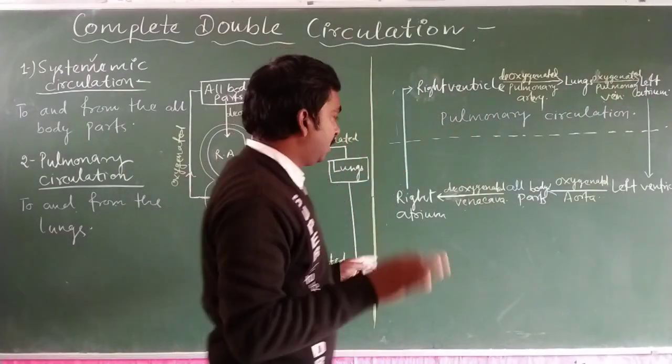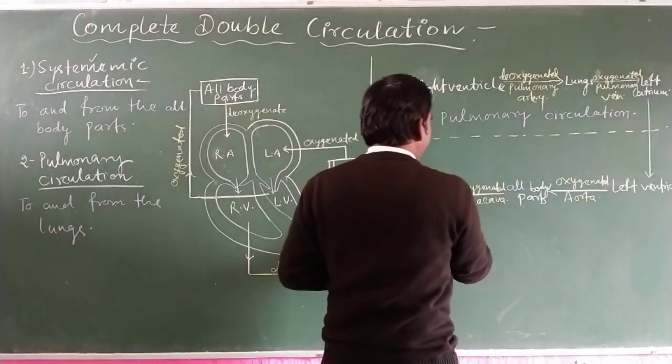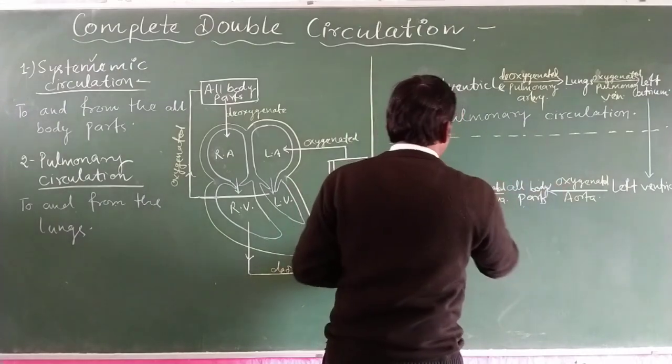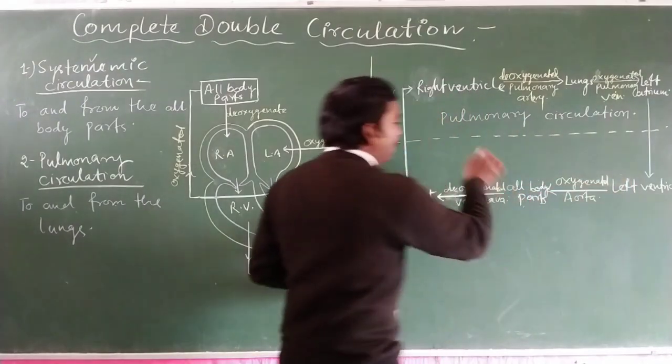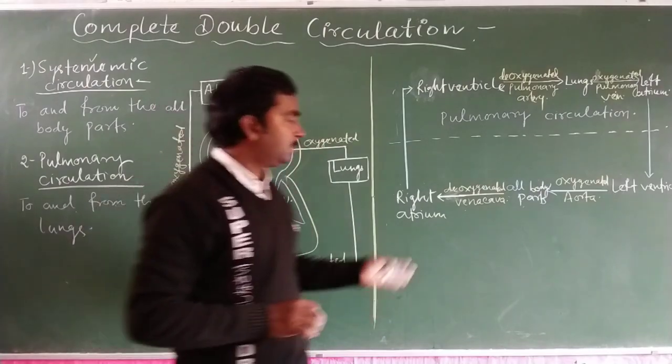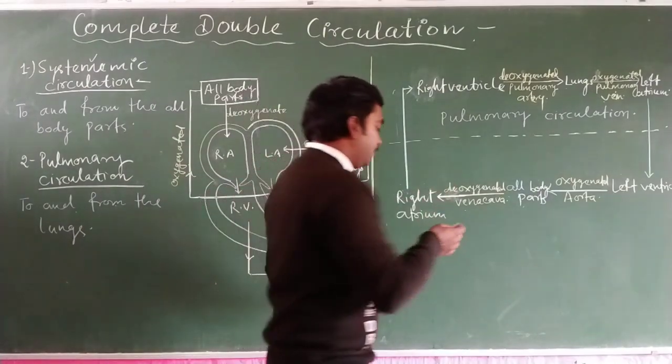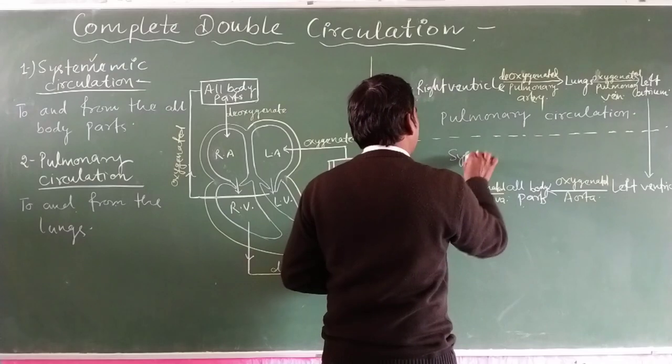While the circulation of blood between the left ventricle and the body parts and back to the right atrium is known as the systemic circulation.